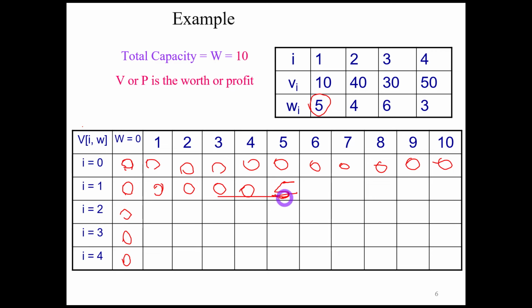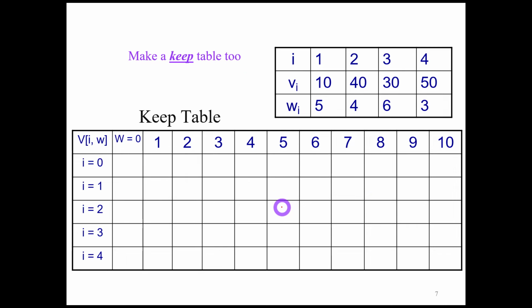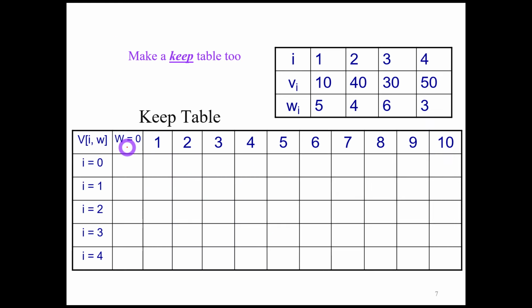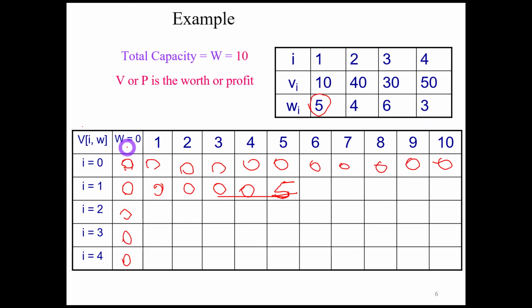So this is how I will do it conceptually, but let's do it through the formula. So this is my formula. Right now our I is 1 because we are doing it for item number 1, and our J is 5. Why? Because I'm solving it for this particular box.